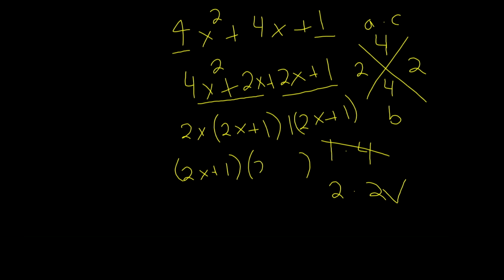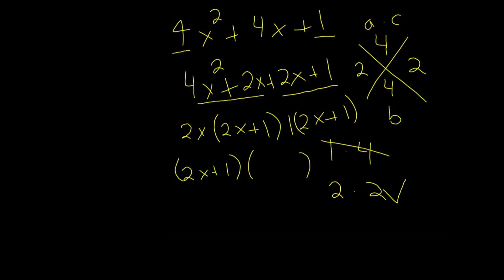Well, 2x plus 1. And our answer here is 2x plus 1 times 2x plus 1. We could also write this as 2x plus 1 squared. And that is our answer.